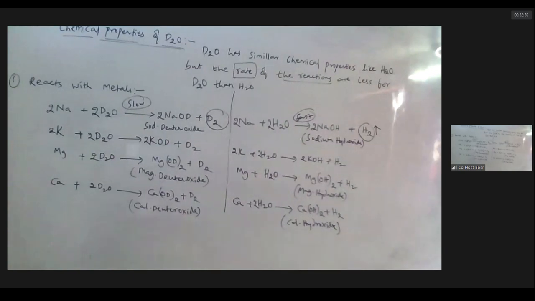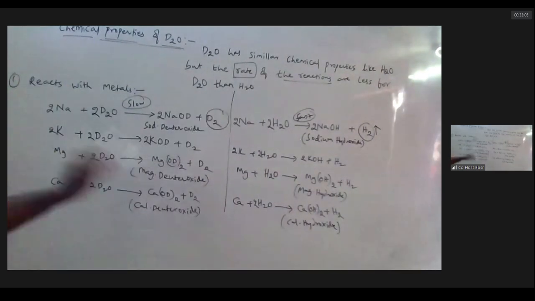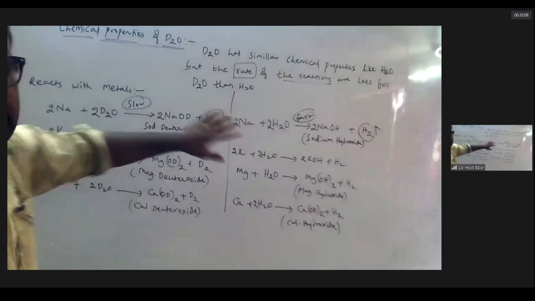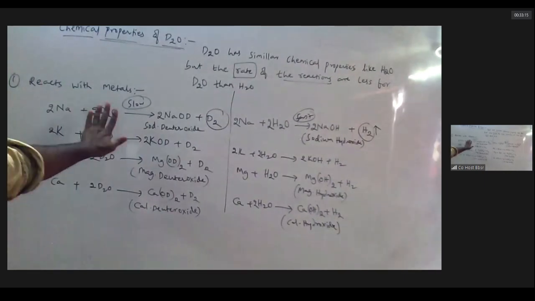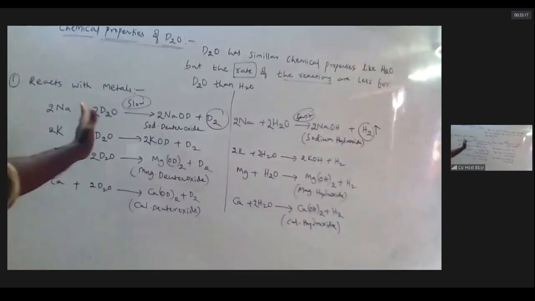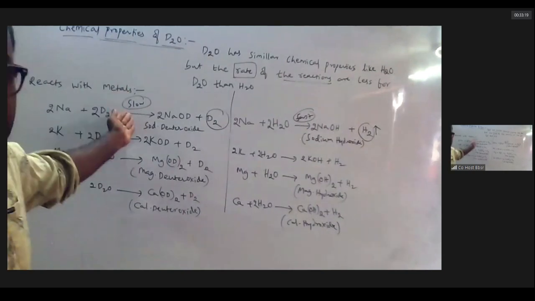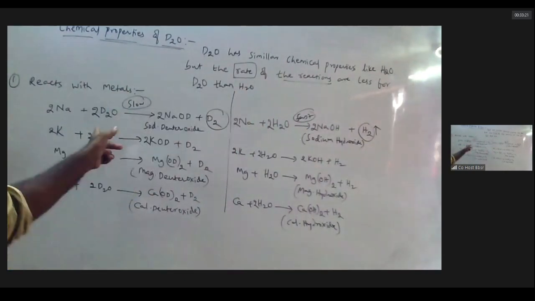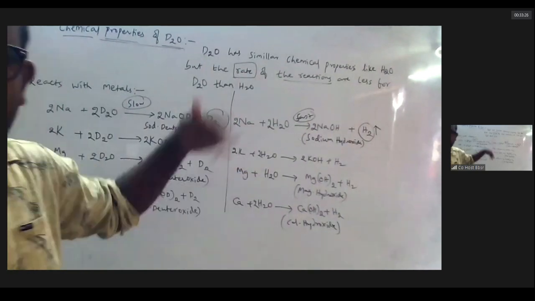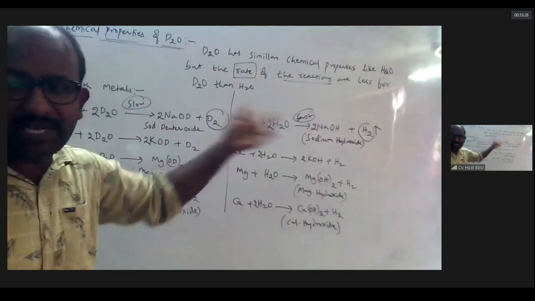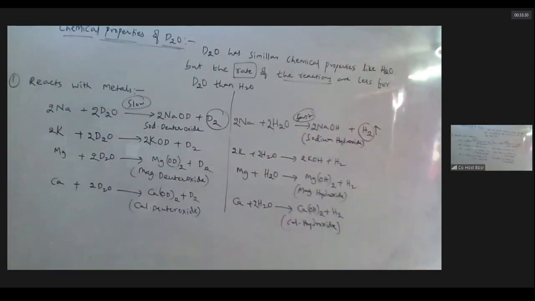Reaction with metals just like water only, but the rate of reaction is different because D2O में strong bond energy है, OD bond पर strong है. इसलिए वो break होने के लिए दिक्कत होता है, इसलिए ये slow reaction है. OH bond is comparatively weak bond, इसलिए cleavage हो जाएगा, fast reaction है. Next one.